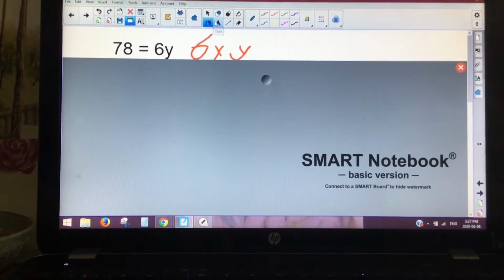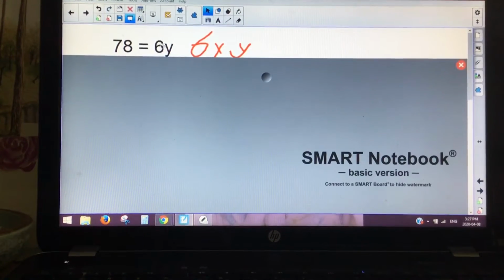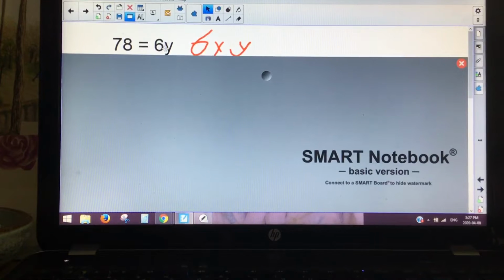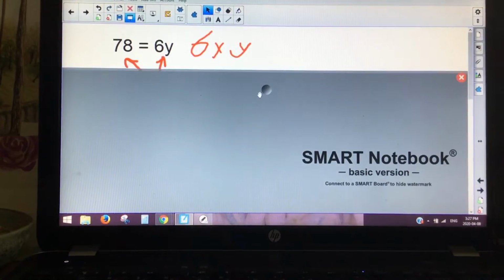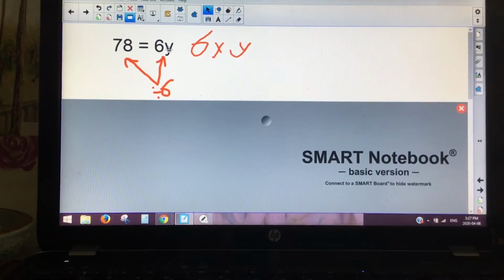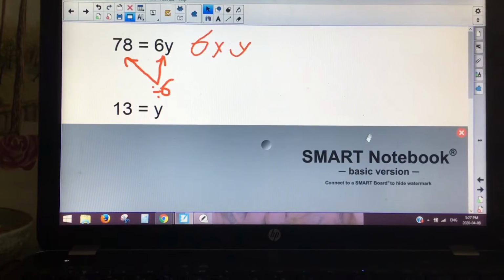We just have to understand that we're dealing with multiplication. I don't want 6 of them, I want 1. So I need to divide 6y by 6, then I'm left with 1y. But whatever I do to the right hand side, I have to do to the left. So I divide by 6 to get 1y, and I divide my 78 by 6, so y is equal to 13.